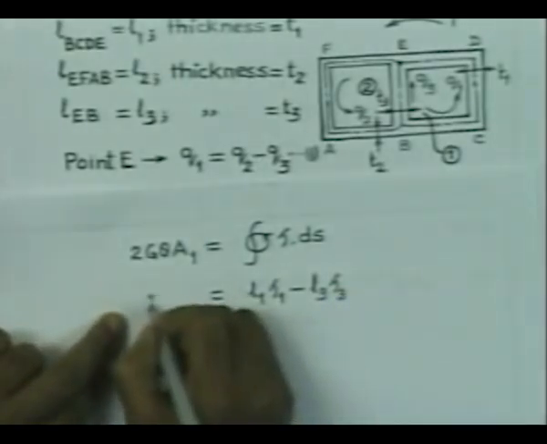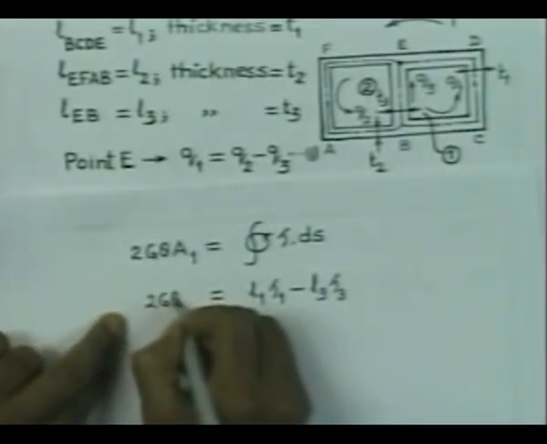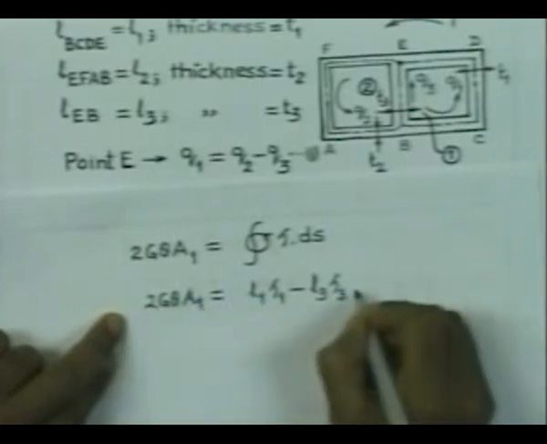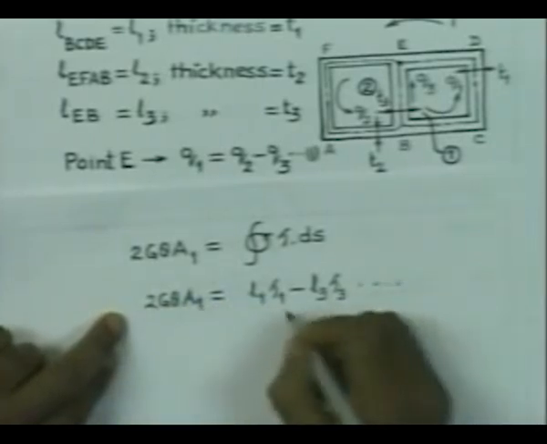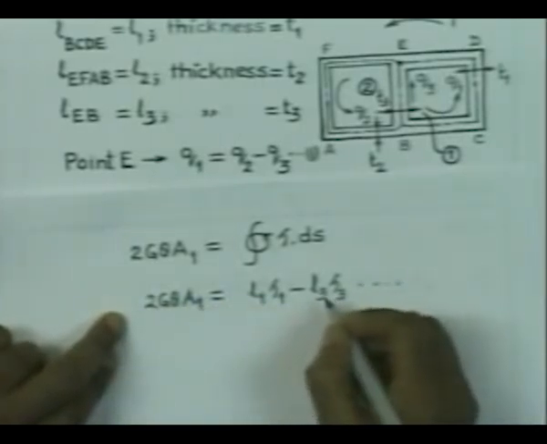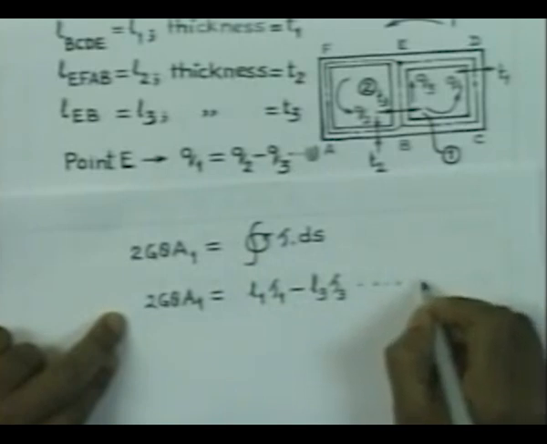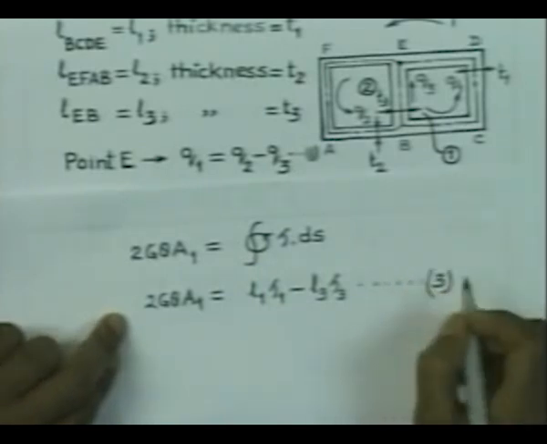So, twice G theta into A1 is related to L1 tau 1 minus L3 tau 3. This is relationship number 3.